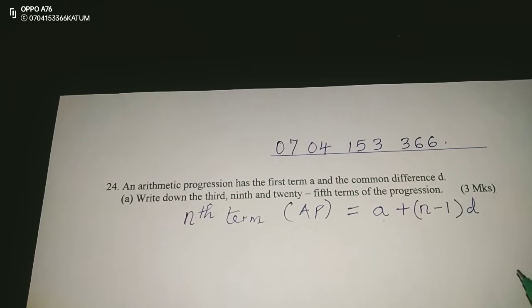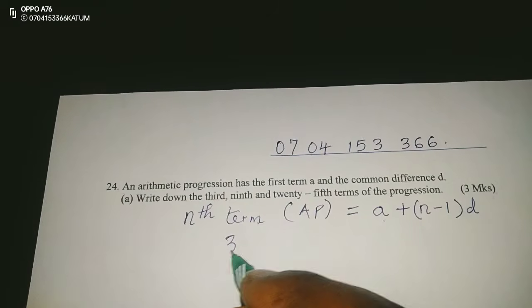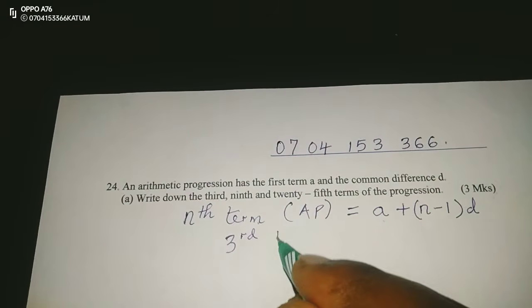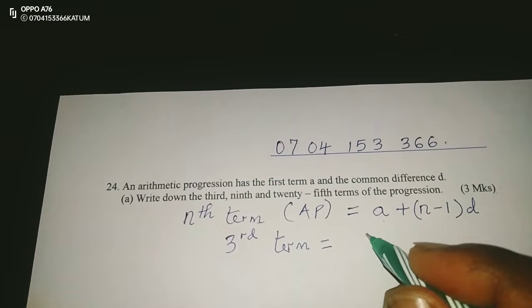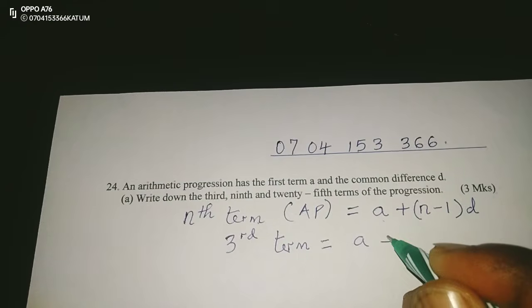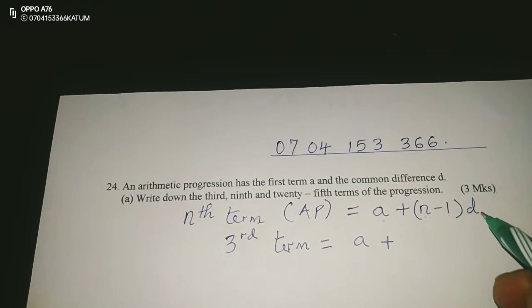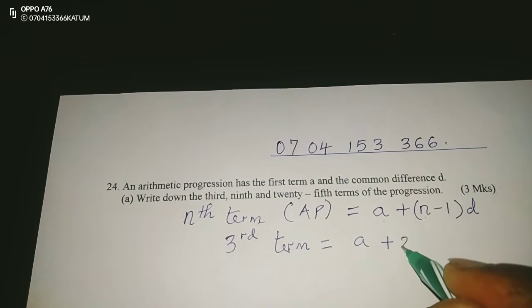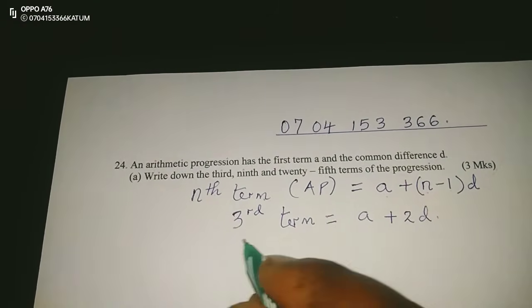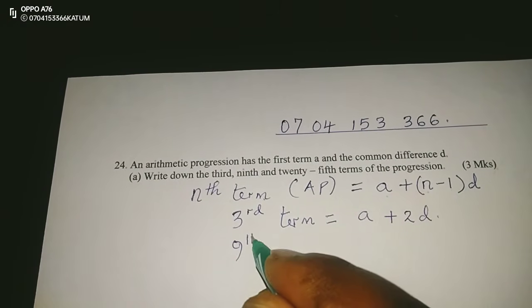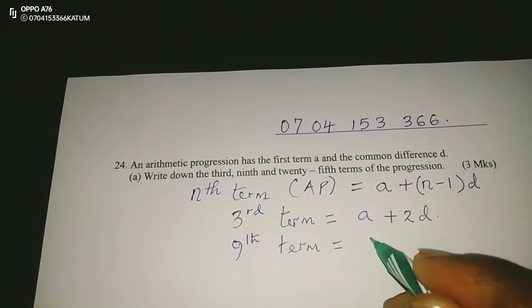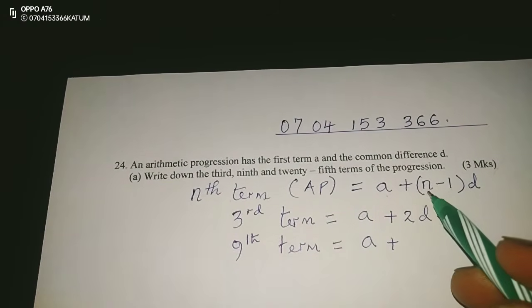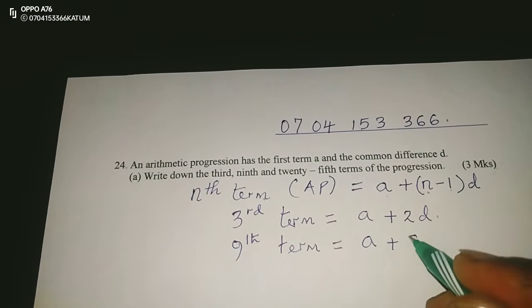So for this case, we are just listing down the third term. The third term is going to be A, which is unknown, plus 3 minus 1 times D, which makes it 2D. The other term is the ninth term. The ninth term shall be A plus 9 minus 1, making it 8.